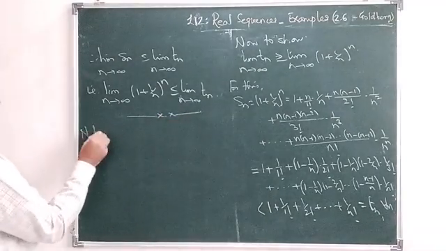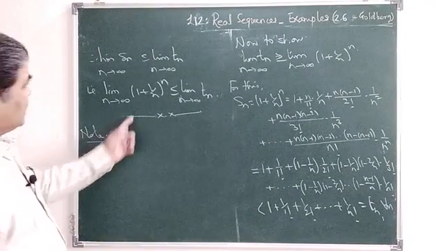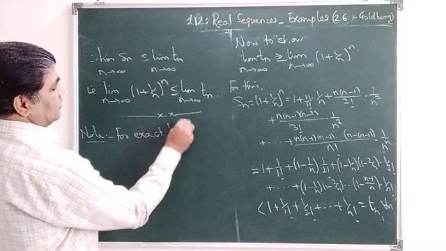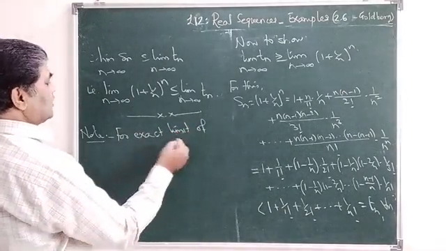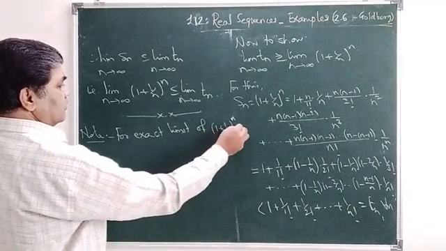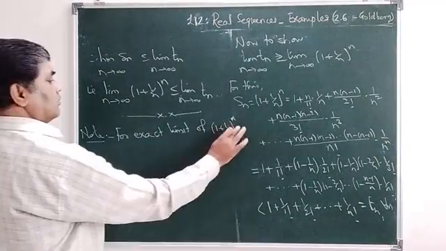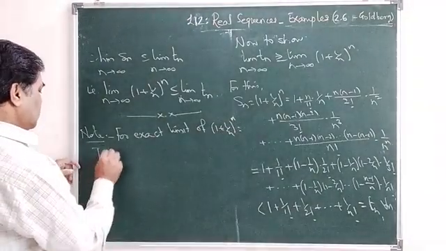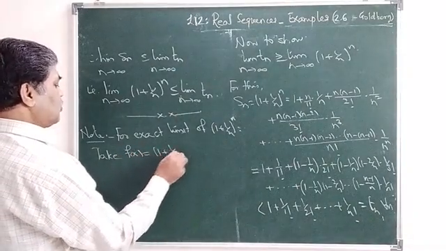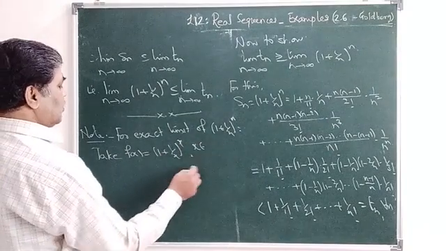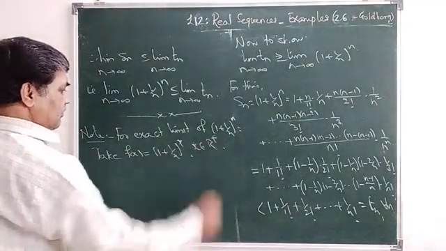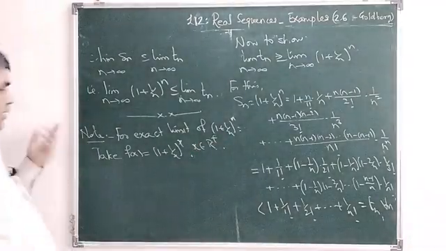Note, for the exact limit of 1 plus 1 upon n raised to n, take f(x) equal to 1 plus 1 upon x raised to x, where x belongs to R, or R plus if I take, not taking negative powers.